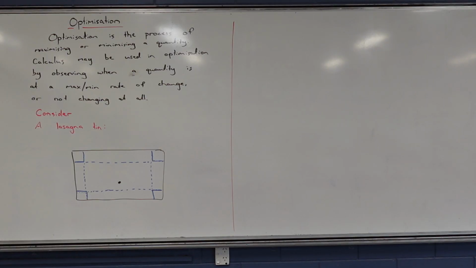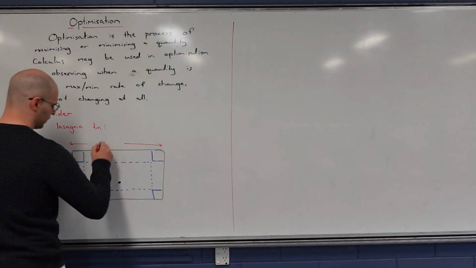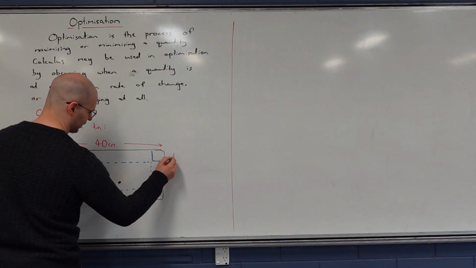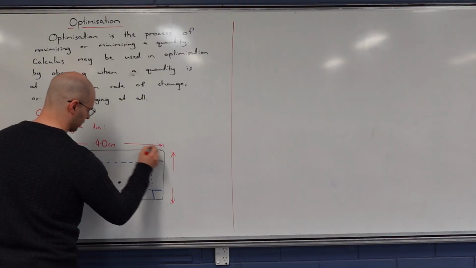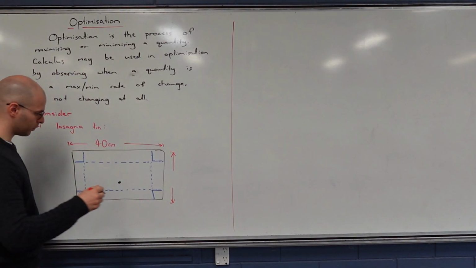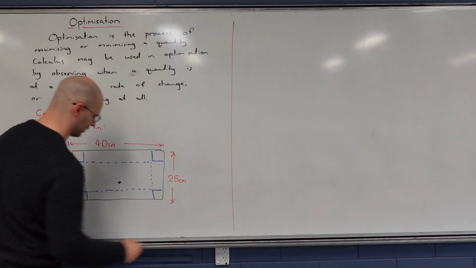Yeah. Okay, now, suppose that our lasagna tin has dimensions of 40 centimeters by 25 centimeters.